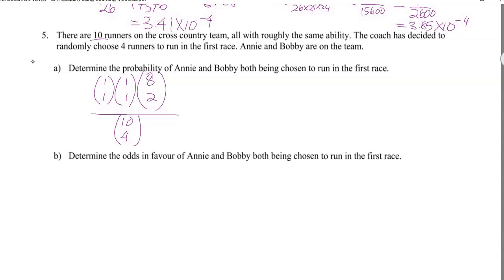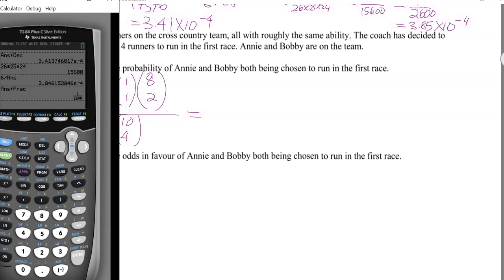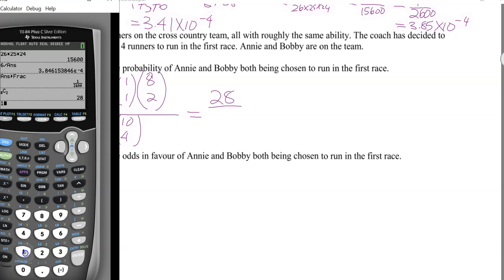And there are 10 choose 4 ways of getting them. So 8 choose 2, that's 28, over 10 choose 4, which is 210.